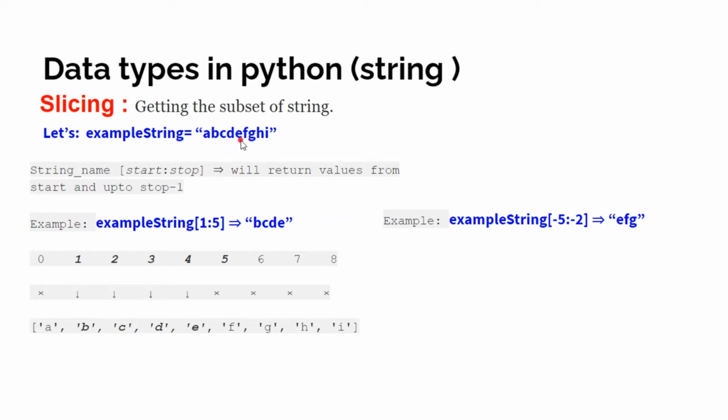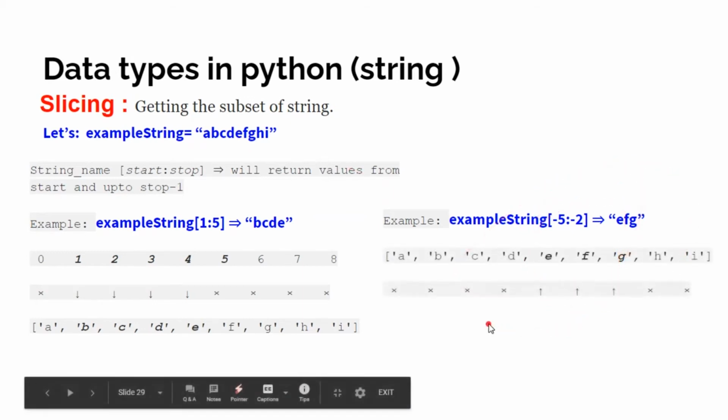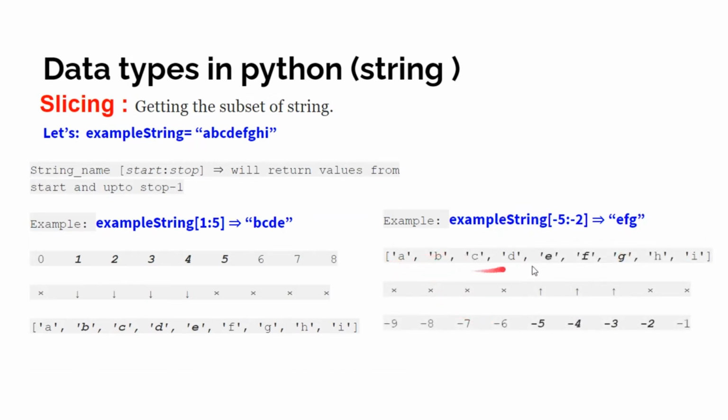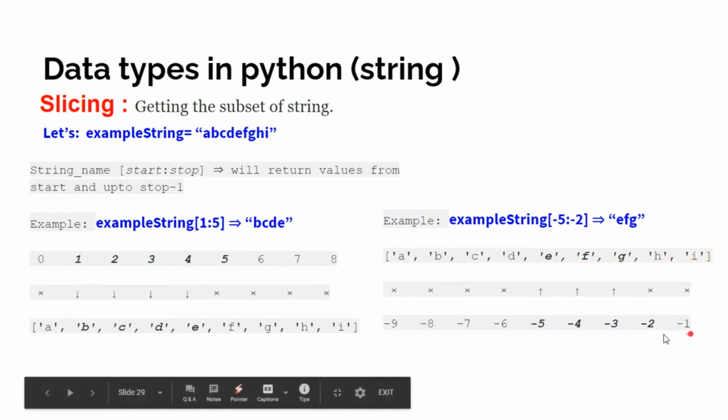Then we'll get the values E, F, G. So how will this work? You can see that we have A, B, C, D, E, F, G, H, I. This is at -1, this is -2, -3, -4, -5.